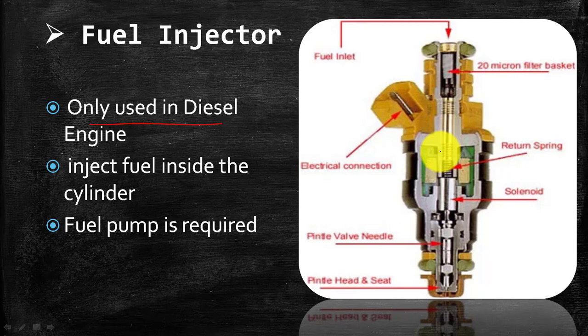So while we are operating a power generation cycle in the diesel engine with the help of a fuel injector, we compulsorily require a fuel pump which produces the high pressure. So a fuel pump is required to inject fuel inside the cylinder. Now the main function of the fuel injector is to inject the fuel inside the cylinder in small particles.